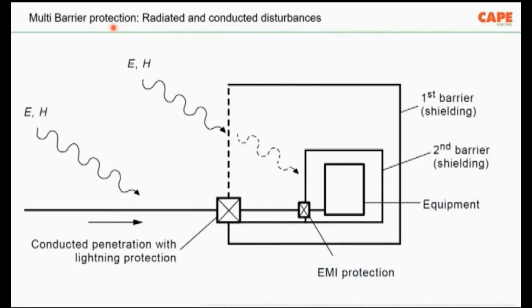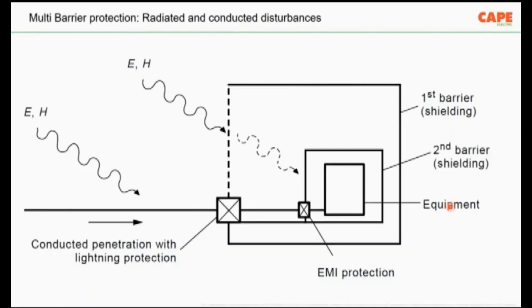If you make a very good equipotential bonding system, then your equipment will be very well protected. Now, with respect to the conducted and radiated surges, this is a symbolic representation. Each one is talking about the first barrier, second barrier, and the equipment. So there are barriers at various levels.